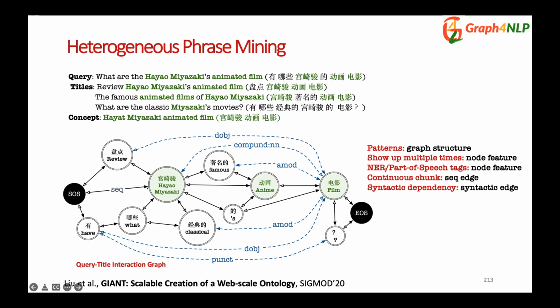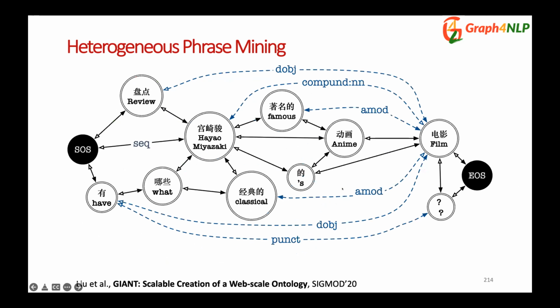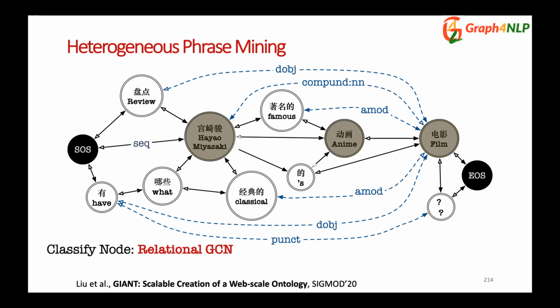And if you want to extract a short phrase, basically what we want to do is perform node classification to extract the words belonging to the phrase, and then extract the order of the different nodes. So first, we perform node classification to extract the nodes which we will keep.